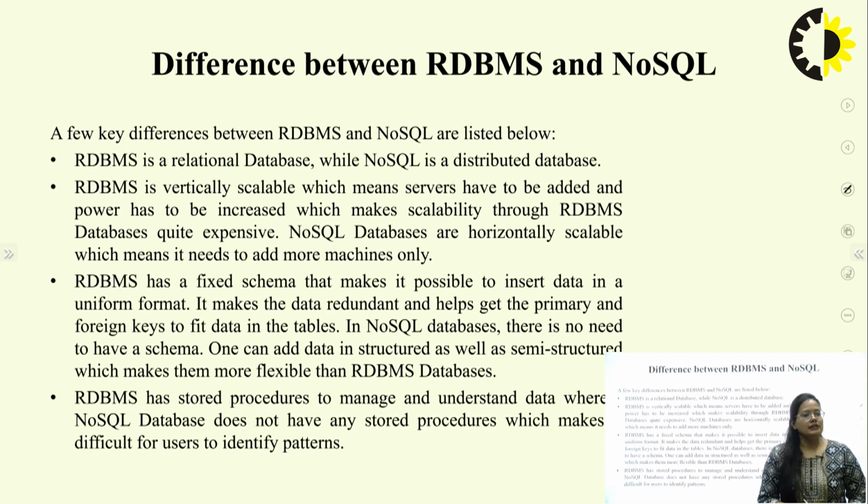One can add data in structured as well as semi-structured form, which makes them more flexible than RDBMS databases. RDBMS has stored procedures to manage and understand data, whereas NoSQL databases do not have any stored procedures, which makes it difficult for users to identify patterns.